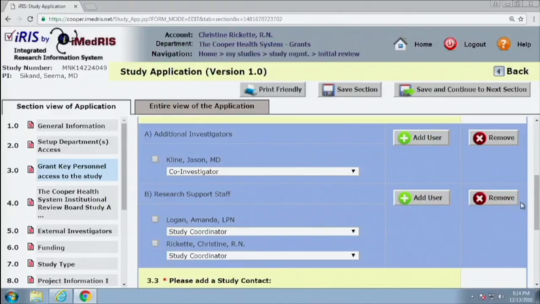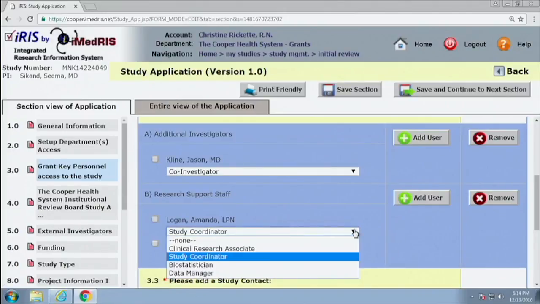And then if you have support staff, whether it be study coordinator, medical students, fellows, you can add them as research support staff. A lot of times they will add Crystal, because there's different categories here: clinical research associate, study coordinator, biostatisticians, or data managers.